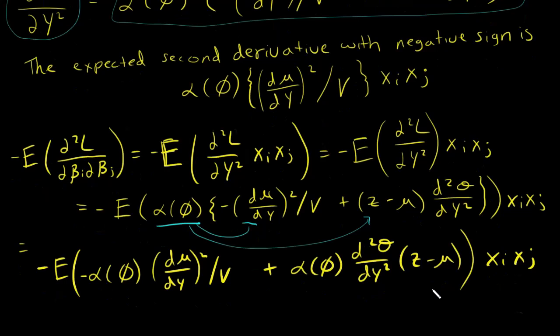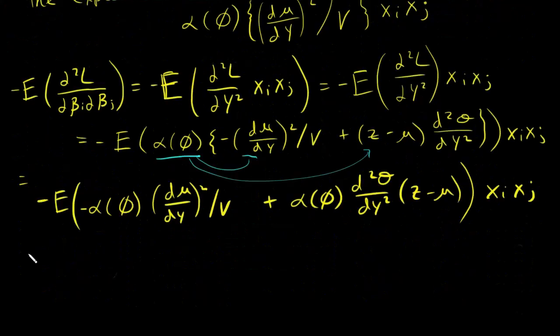Okay, so now I want to go ahead and take this negative expected value and bring it in, because the expected value of a sum is the same thing as the sum of the expected values. Now this piece right here is just a constant. There's no random variable in it, so the expected value of it will just be itself.